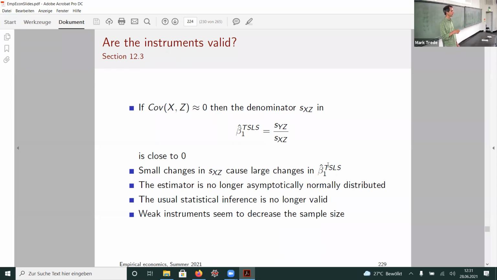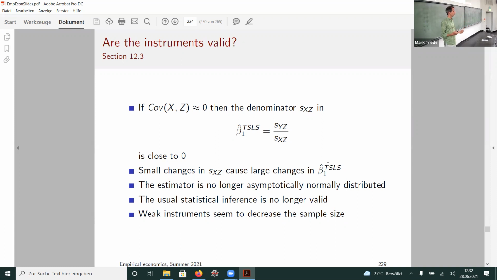Remember from last week that usually the two-stage least squares estimators are normally distributed, which means that we get the variance of the standard error, and we can very simply construct a confidence interval. The confidence interval is just point estimate plus minus roughly 2 times the standard error.